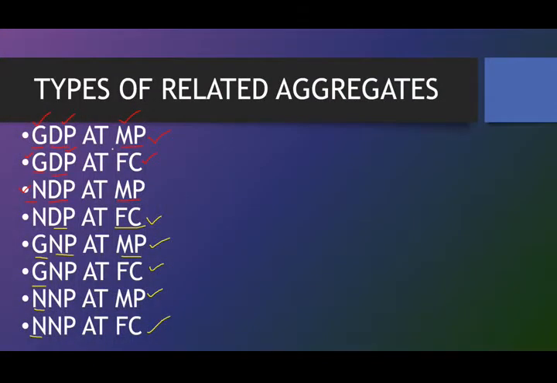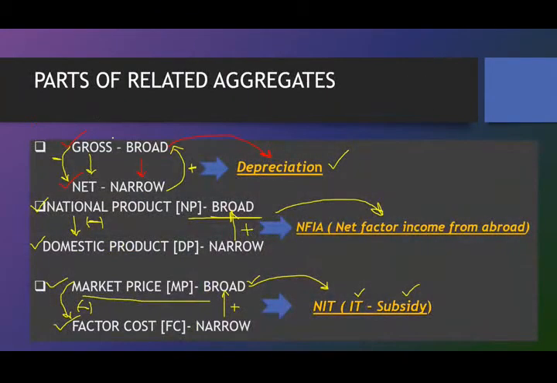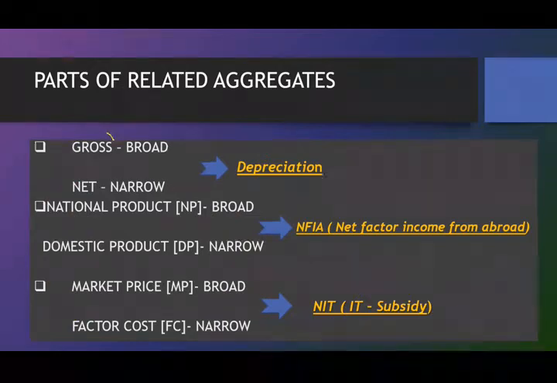In each related aggregate we have these parts only. So for seeing the conversion method, we need to learn by heart these things: which one is broad, which one is narrow, and the difference between both items. Gross and net difference leads to depreciation, and gross is broad, net is narrow.